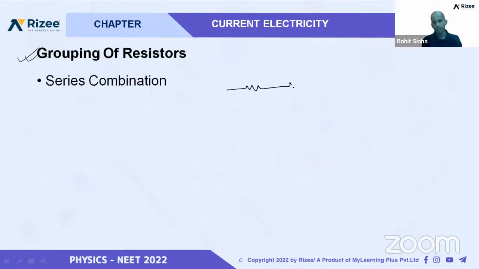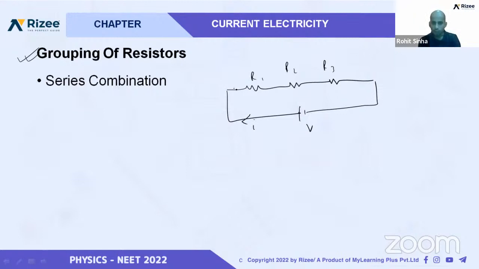Let us take three resistors like this: R1, R2, and R3, connected to a cell V. It will supply current I. You know one important thing in a series combination: I, that is current, is always the same.